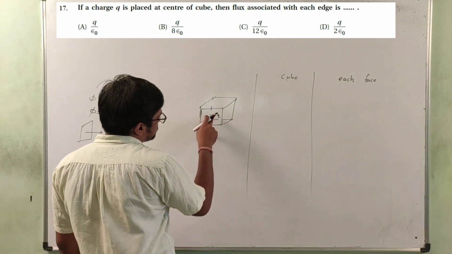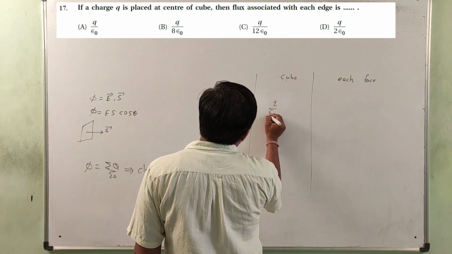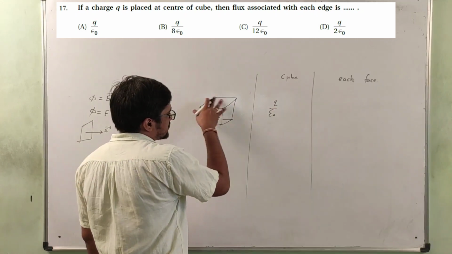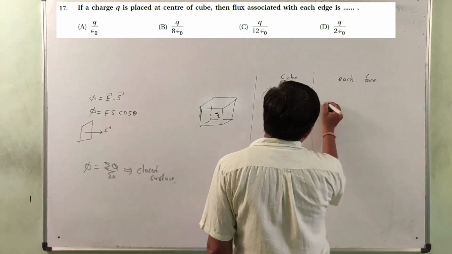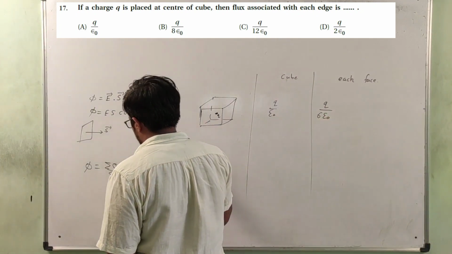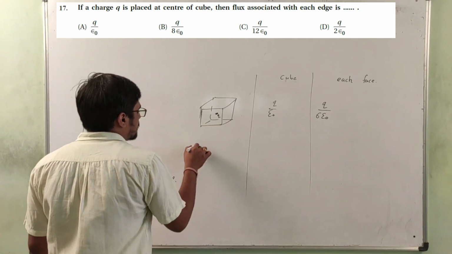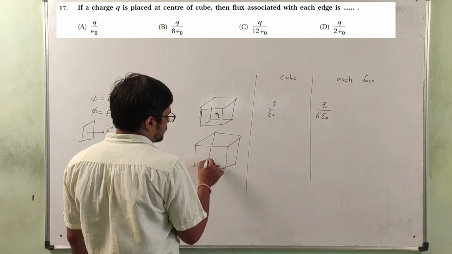The charge enclosed by this cube is q, so flux associated with the cube is q by epsilon naught. There are 6 faces, 1, 2, 3, 4, 5 and 6. So for each face the flux is divided by 6, that is equal to q by 6 epsilon naught.